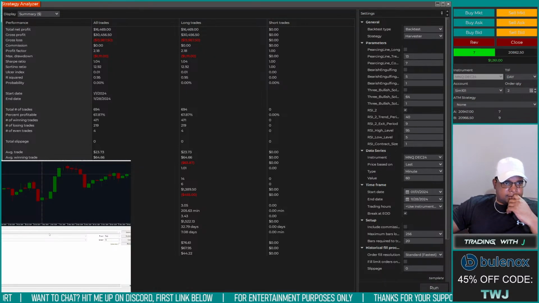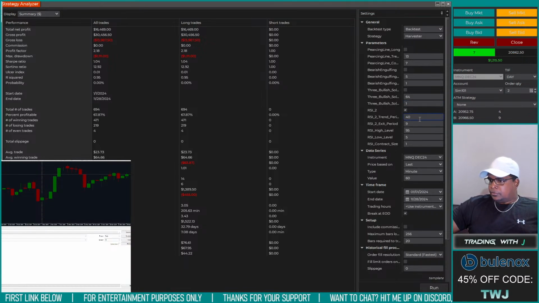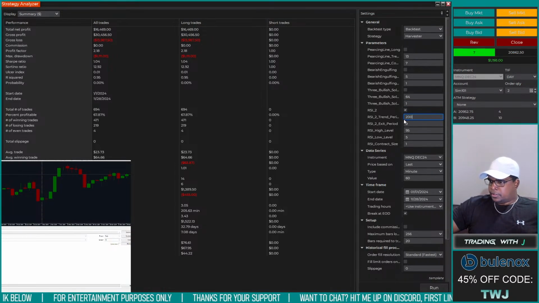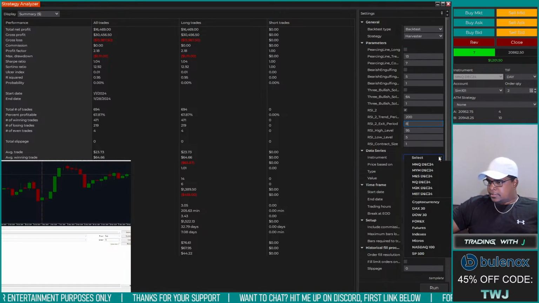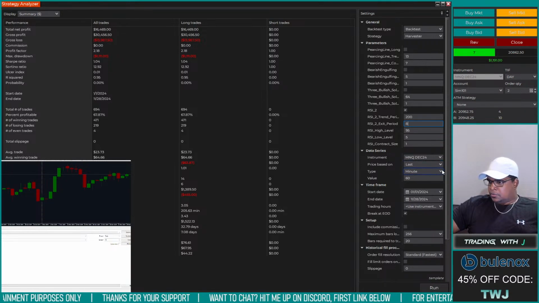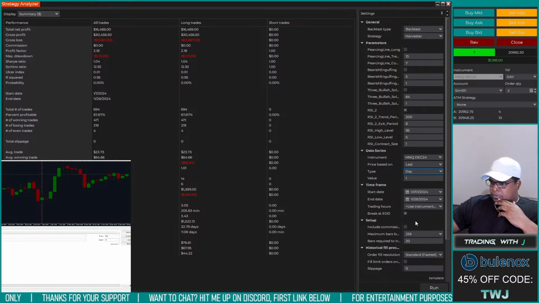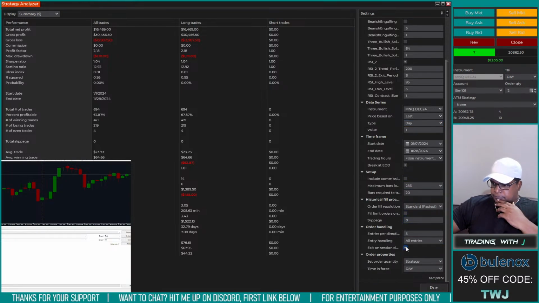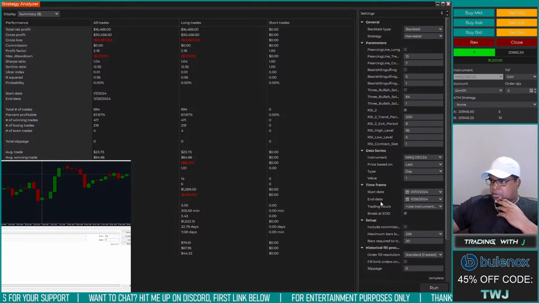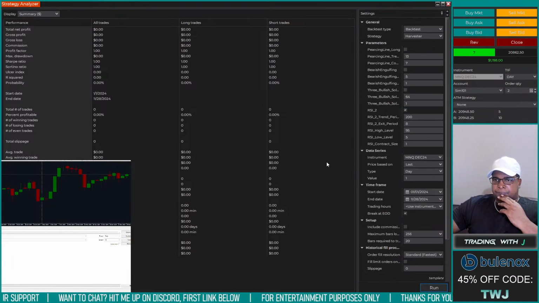RSI for Plex we have 5 to 8 and 200. So looking at 200, 8, 5, 1 contract. Now we test this on NQ on the daily bar, to end at session close. See if this works.